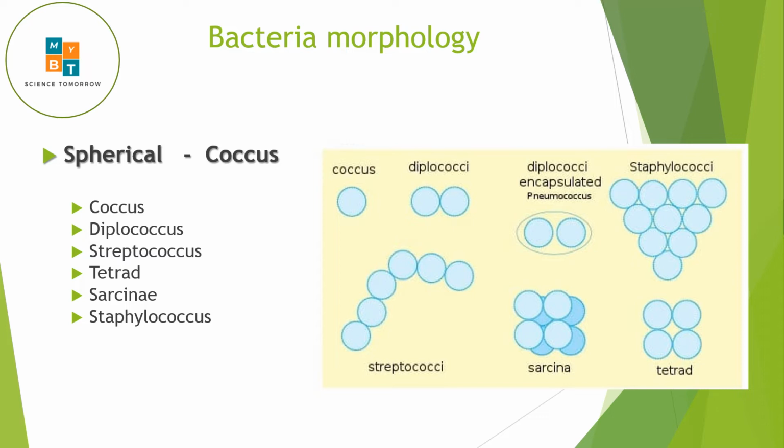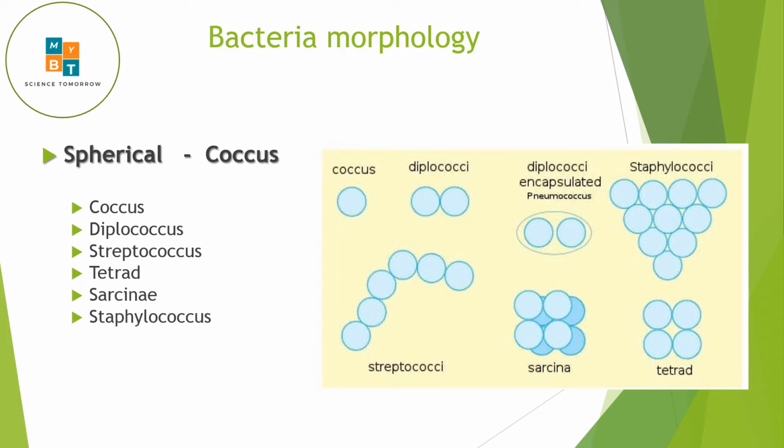We call them coccus, just like spheres. One sphere we call coccus. If the bacteria consist of two spheres, diplococcus, and a line of spheres you call streptococcus. In this figure you can see coccus, diplococcus, and streptococcus.